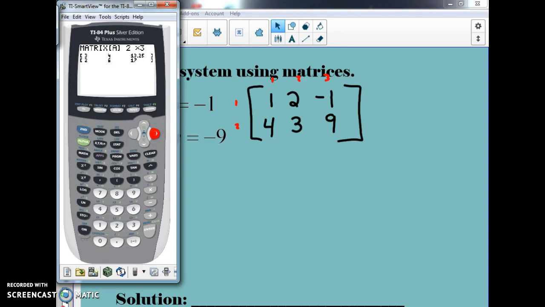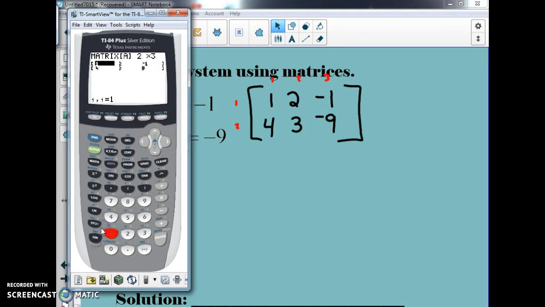So I can just go through there, hit enter, enter, and I'm going to start entering in my values. 1. And then I'm going to hit enter. Then I'm going to enter in 2, hit enter, -1, hit enter, 4, hit enter, 3, hit enter, and then -9, enter. All right. At this point, I'm good.